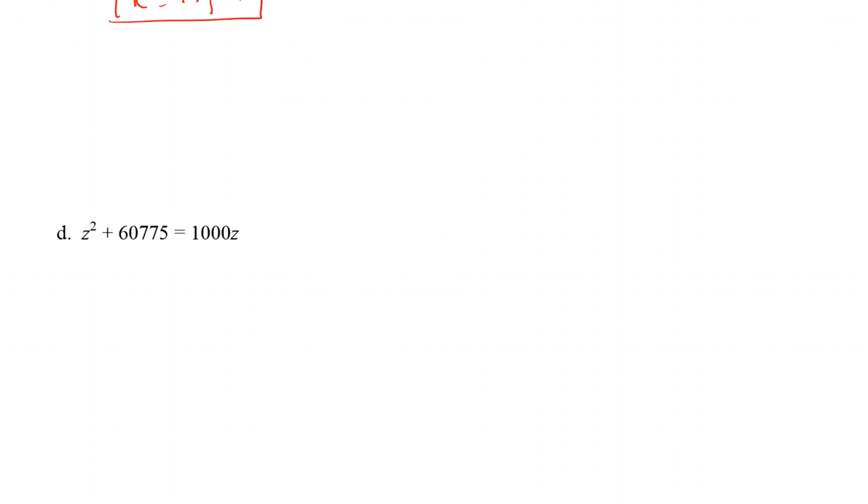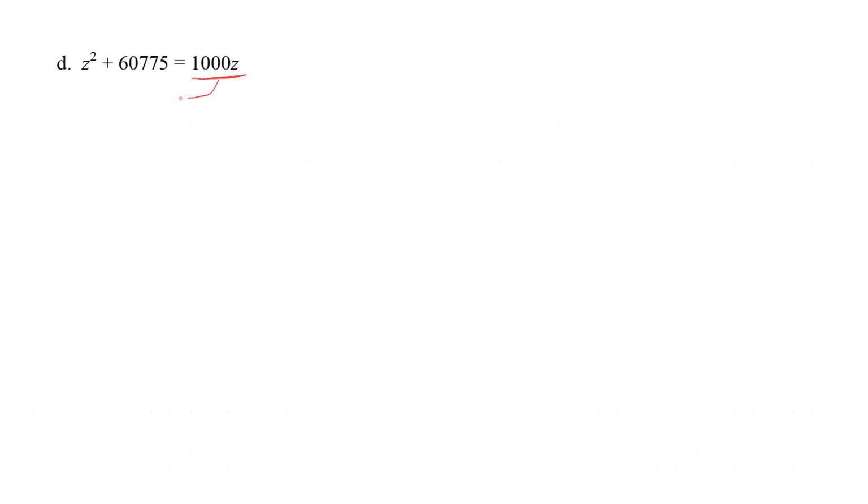Alright, now the last problem we have, they've rearranged it quite a bit. We need to get this term over here. So we have z squared minus 1000z plus 6775 equals 0. And again, we're completing the square, so we're only completing the square on this part here.